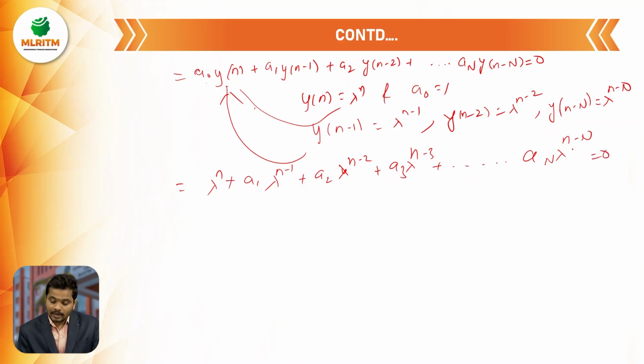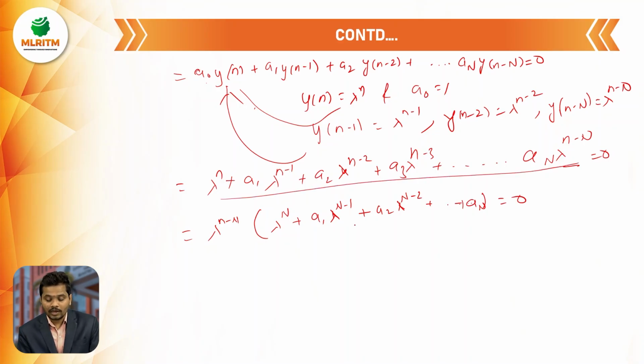Now I am taking a common factor out of the whole equation. Lambda power n is there, but lambda power n minus n is not there.